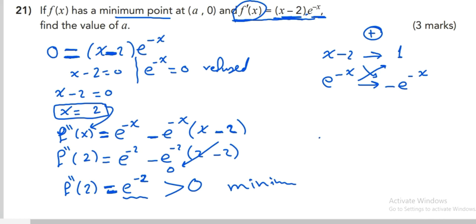So a equals 2. Why a equals 2? Because a is in the place of x, and we said the value of x which makes this point a minimum is x equals 2, then a equals 2, and this is the final answer.